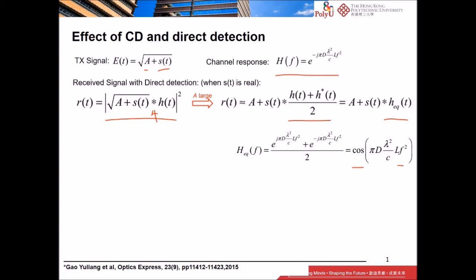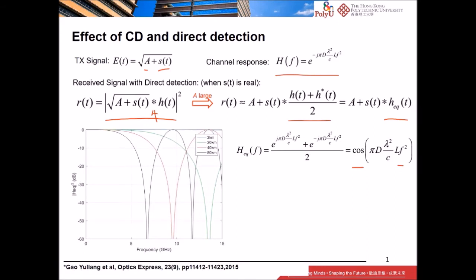This actually becomes a major issue, because it means there will be channel fading when we have CD and direct detection. This is something that coherent communications do not suffer from. And more importantly, this fading depends on the transmission distance. The larger the distance L here, the stronger the fading. That's shown in the graph on the left. So this becomes a major problem.